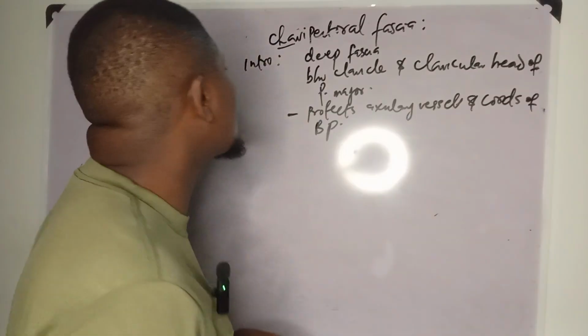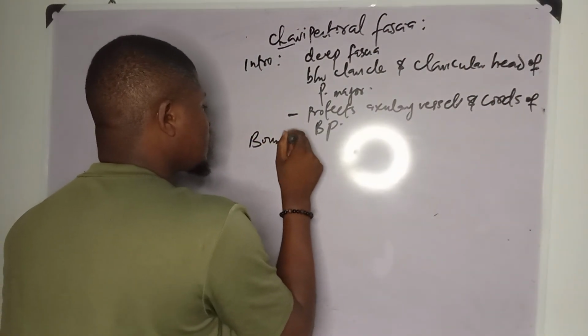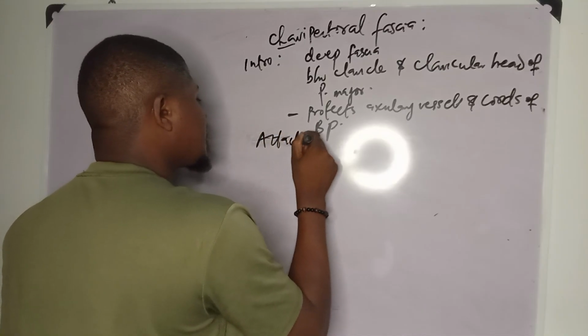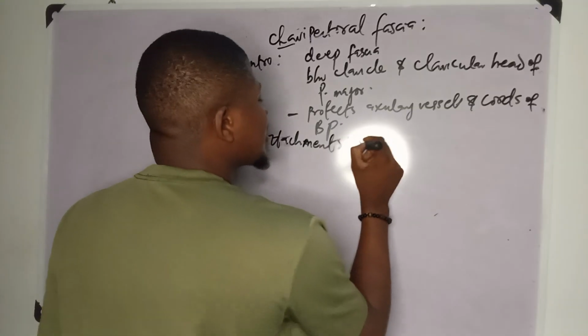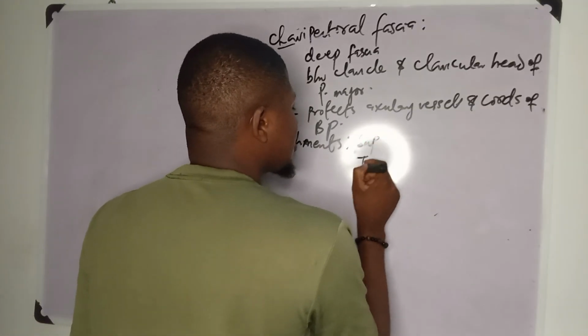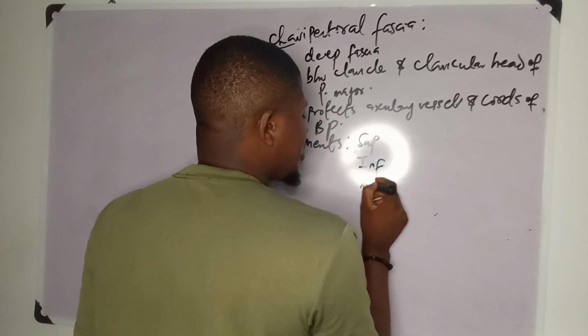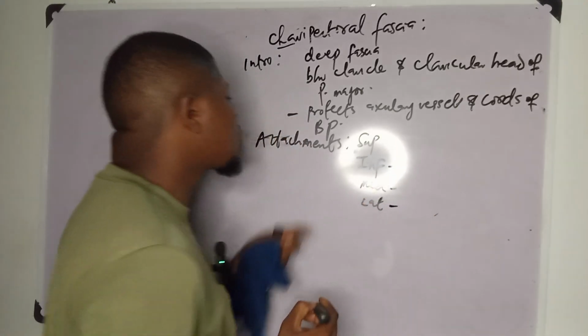Then the next thing I want us to look at is the attachments. Where does this attach? It has a superior attachment, inferior attachment, then medial and lateral attachment. What is the superior attachment?